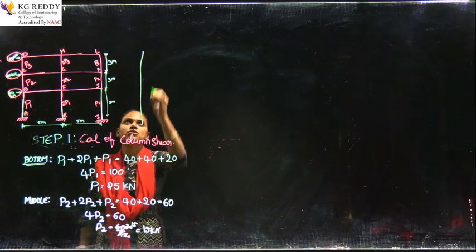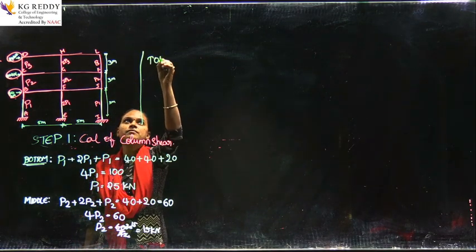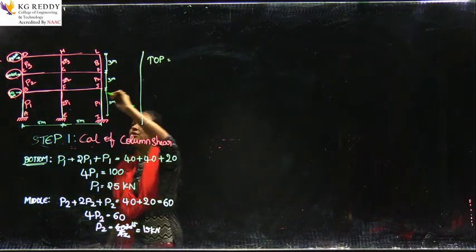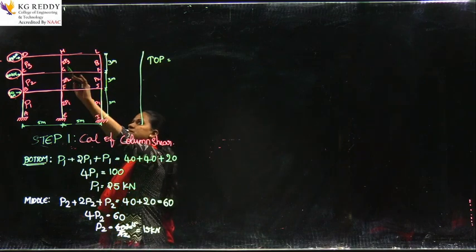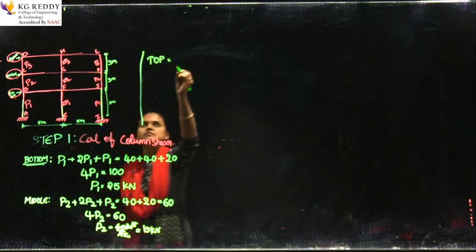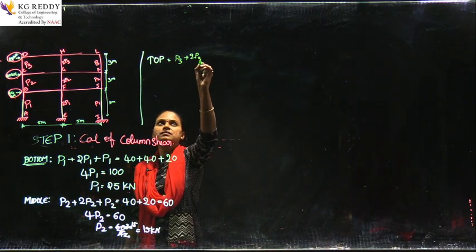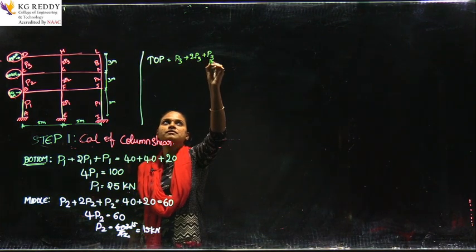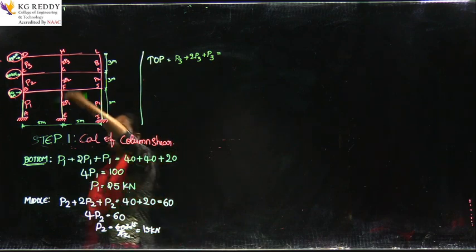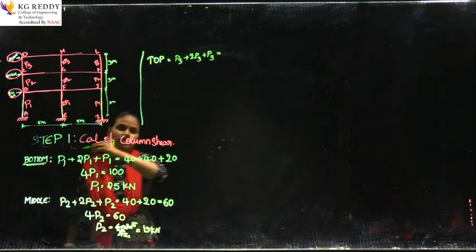Next, for the top story, you have P3 plus 2P3 plus P3, which equals the load acting from the top, 20 kilonewton.